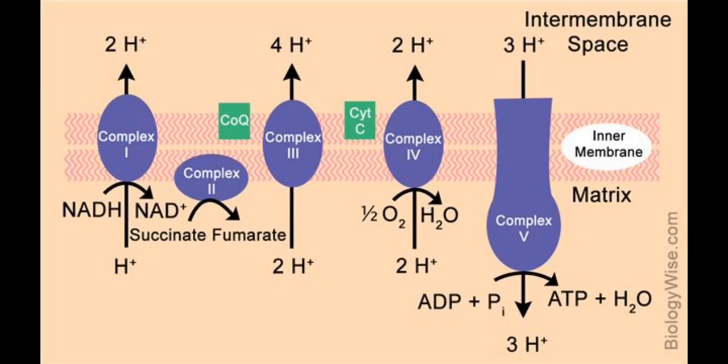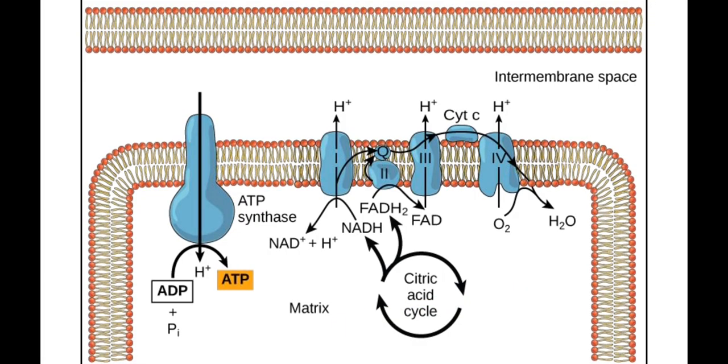So we have these 4 complexes, but then ATP is produced here with the enzyme ATP synthase, which converts ADP to ATP with protons from the intermembrane space.